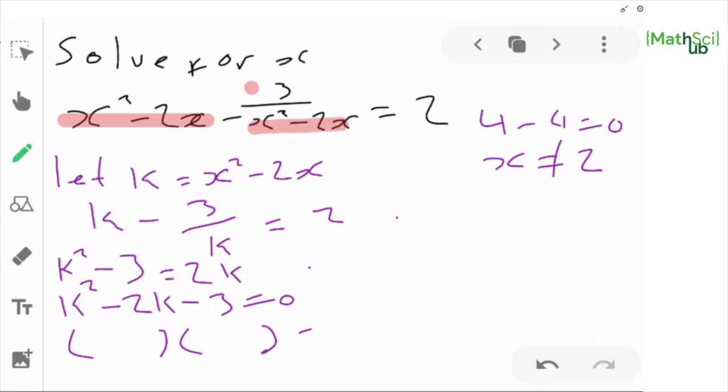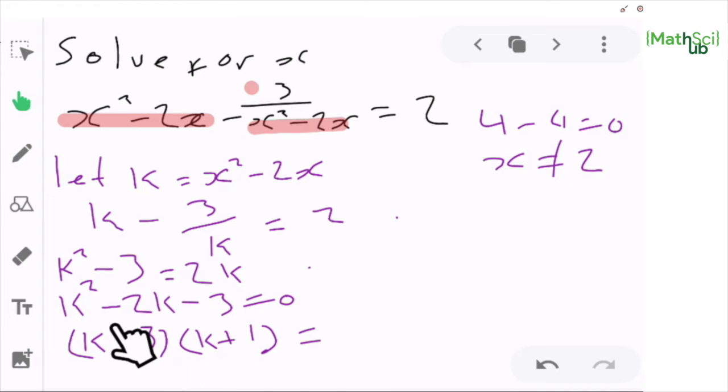Okay, so it's negative 3 and then plus 1. Let's double check.